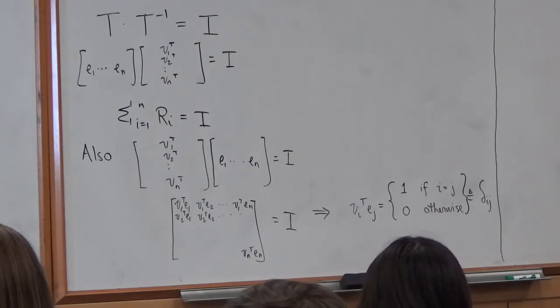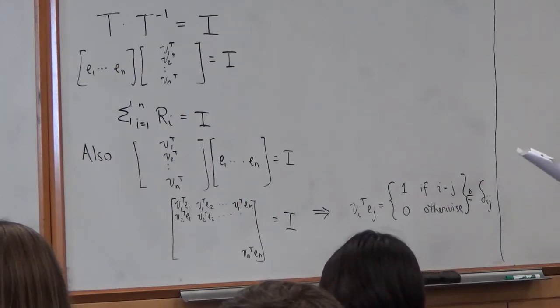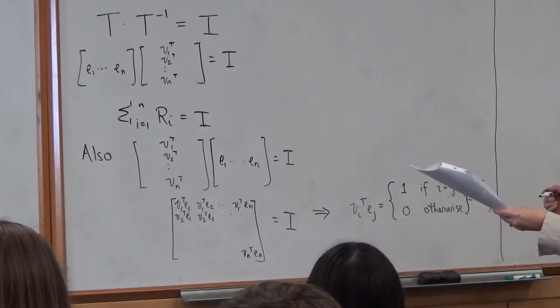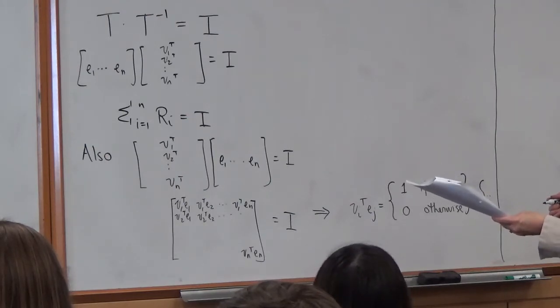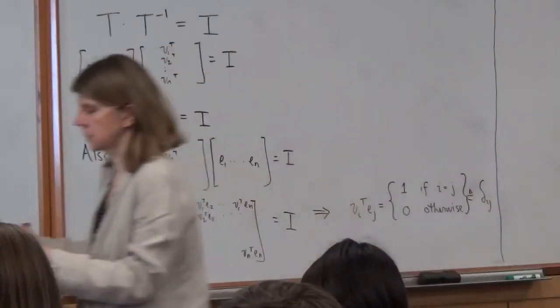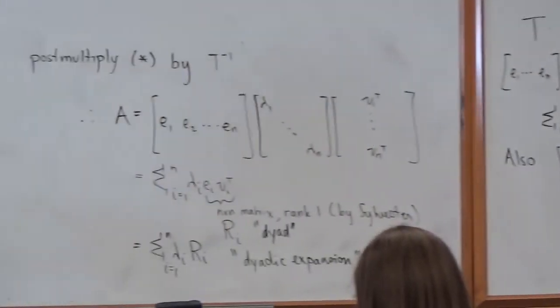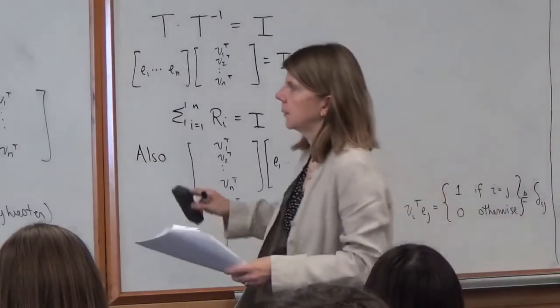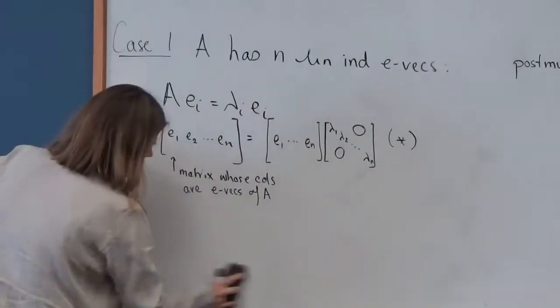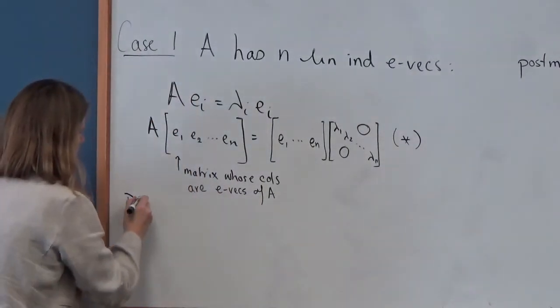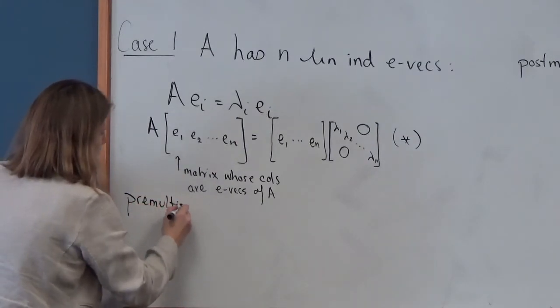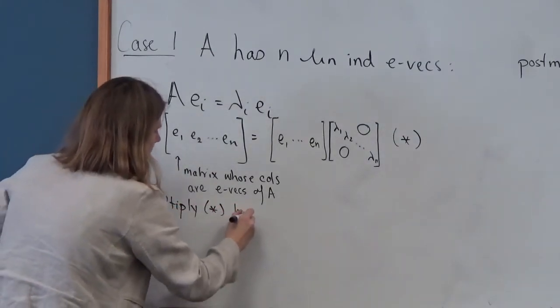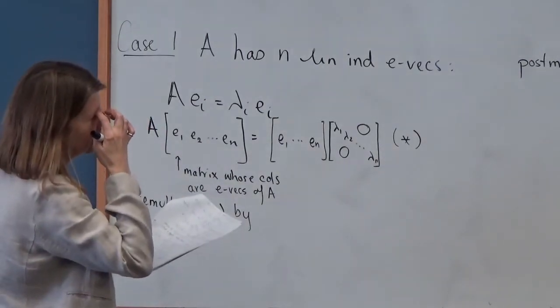If we go back to our original equation, which we called star, let's pre-multiply this matrix star by our matrix, which we've called T inverse.